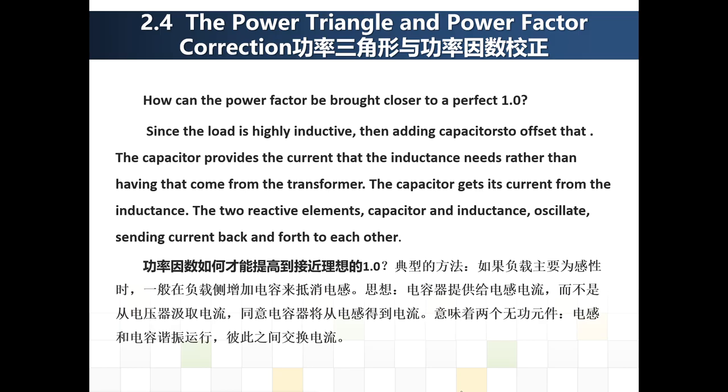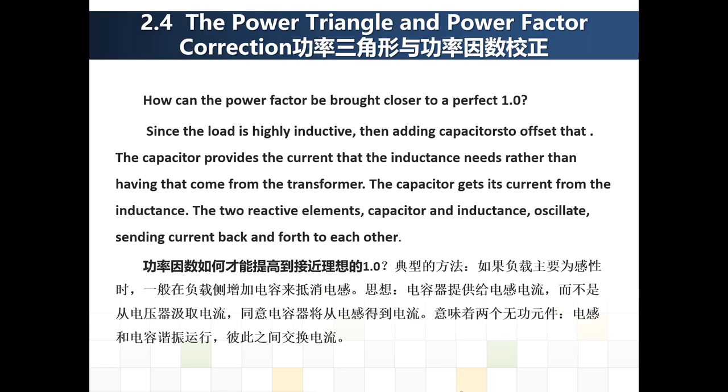So how can the power factor be brought closer to a perfect 1.0? As we know, most of the customers have an inductive load because they use electric motors, and therefore in order to bring the power factor to 1.0, we usually add capacitors to offset that.